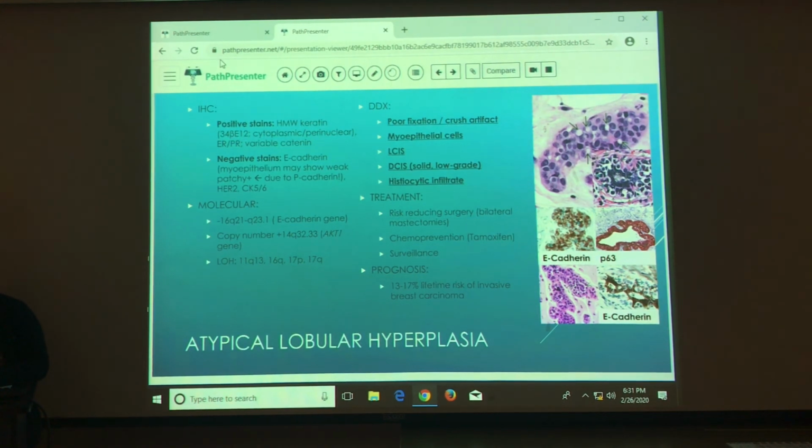So often with ALH, patients will go on surveillance, and if we do an excisional biopsy and that's okay, then maybe I'll just go see my doctor and get imaging done once or twice a year. And similar to ADH, our lifetime risk of invasive breast carcinoma in either breast is 13 to 17%. So it's still higher than our more benign lesions, but it's still not crazy high.